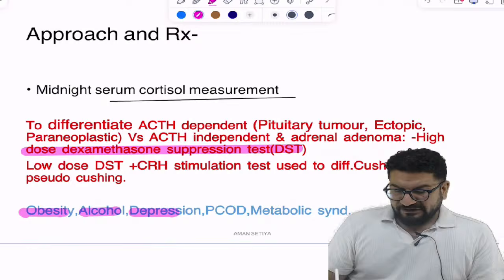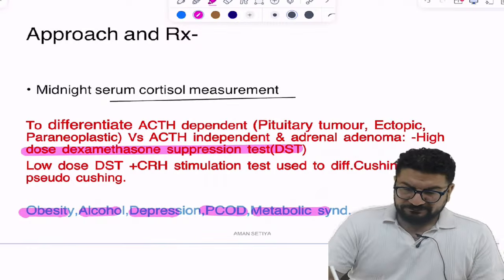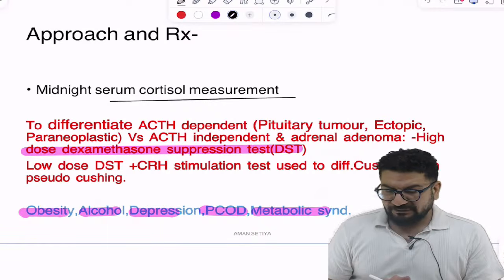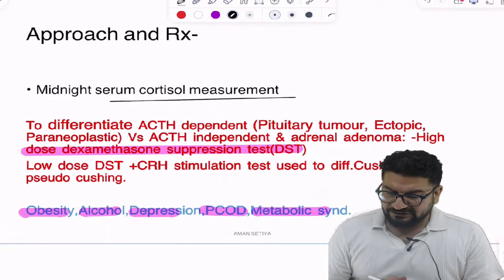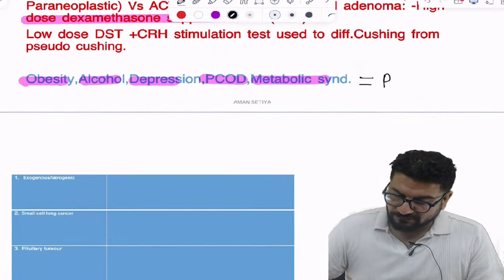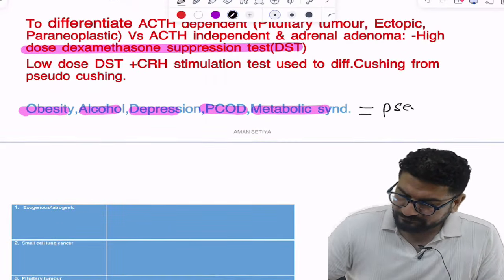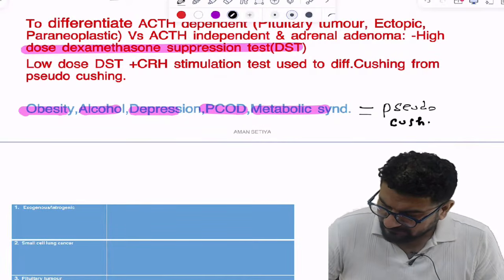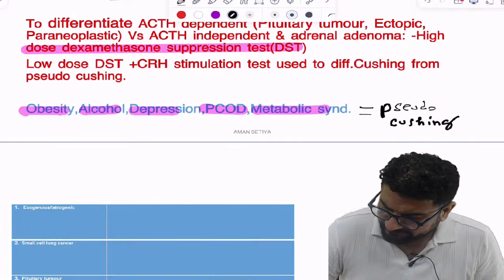Obesity, alcohol, depression, PCOD, metabolic syndrome. Understand this, these conditions can cause a condition called pseudo-Cushing syndrome. They can mimic Cushing. We call this pseudo-Cushing.